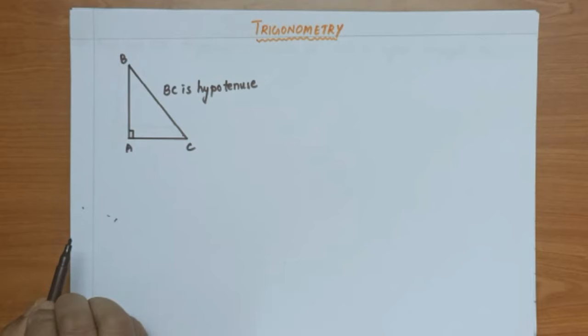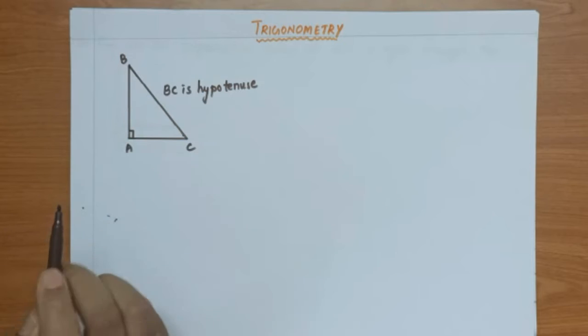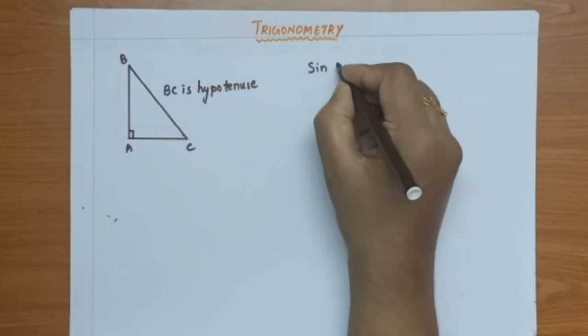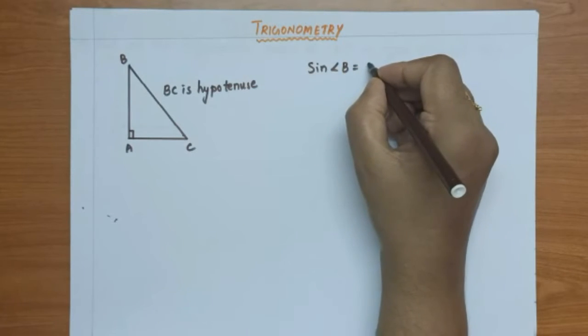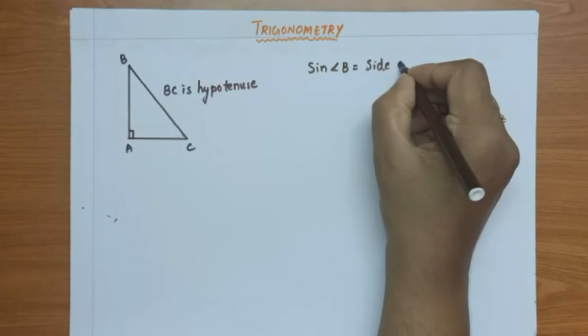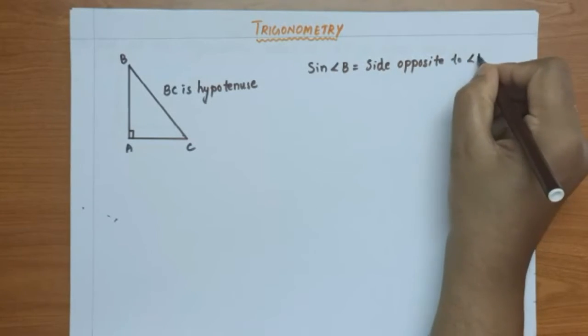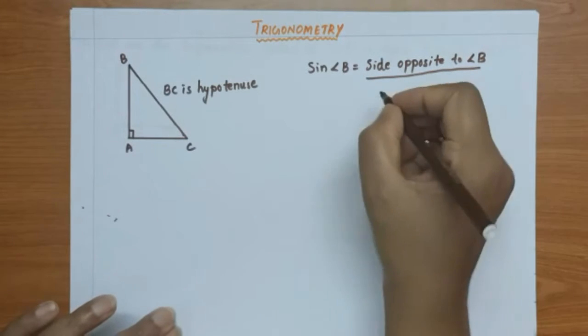Now we can learn about the trigonometric ratios. Trigonometric ratios are the ratios involving the sides of a right triangle. So, the trigonometric ratios of angle B: sine of angle B equal to side opposite to angle B divided by hypotenuse.